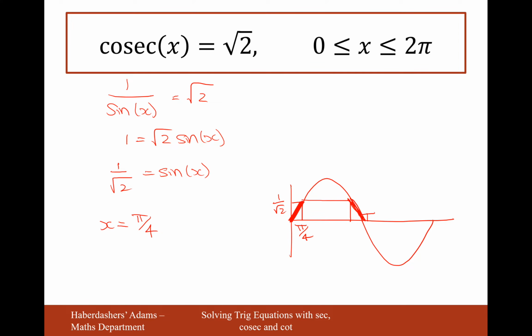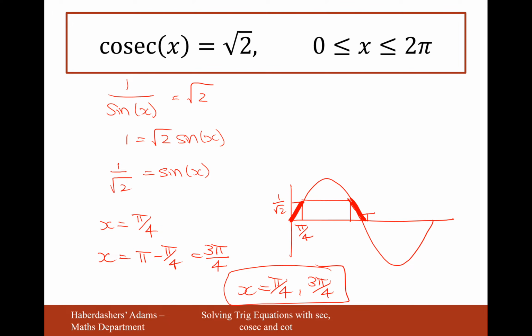So I have to come back by that equivalent amount from pi. So the second solution here is pi minus pi by 4, which is 3 pi by 4. So our two solutions to this equation then is pi by 4 and 3 pi by 4. And there we are, that's the answer to this equation.